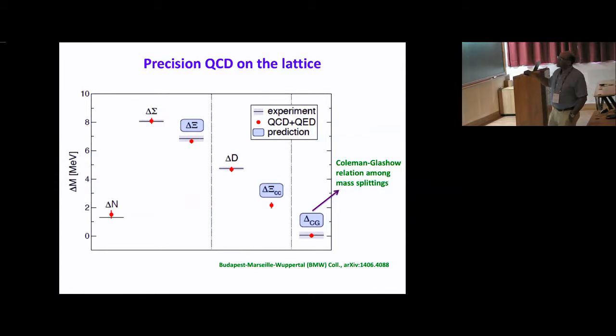There's also a relation between the masses of these, the delta N, delta sigma, and delta chi, called the Coleman-Glashow relation, and it's predicted to be 0, or close to 0, but you actually get something slightly different, and this is an indication of flavor symmetry breaking in QCD.